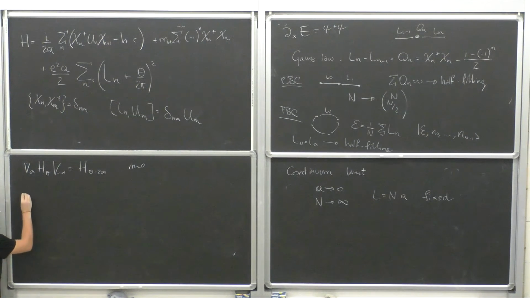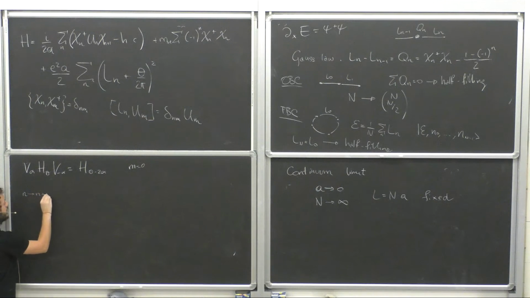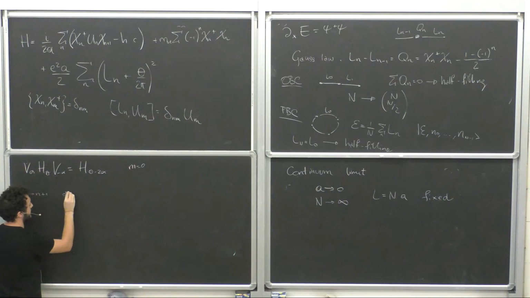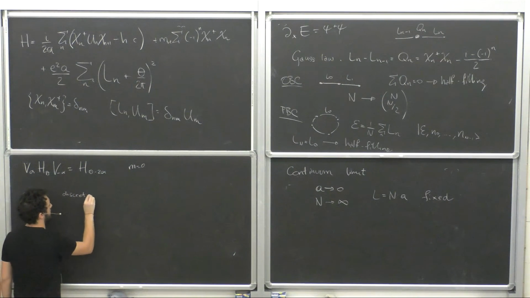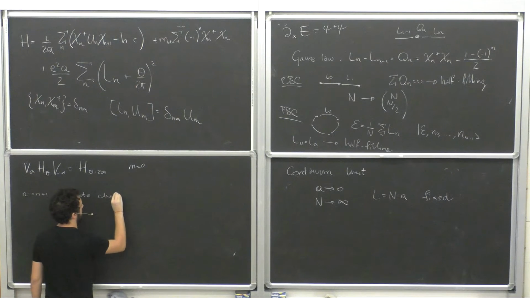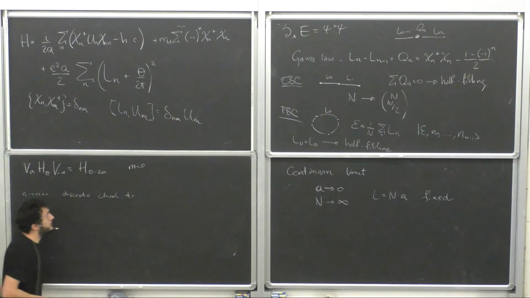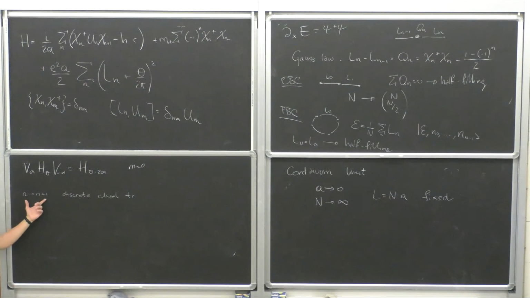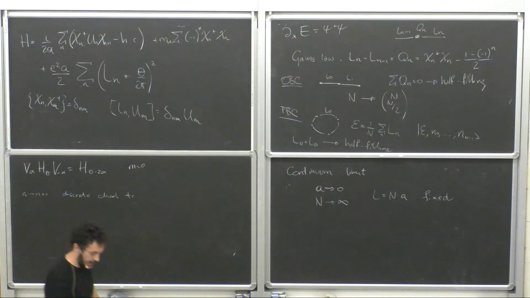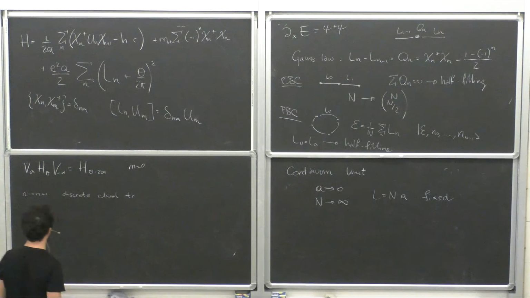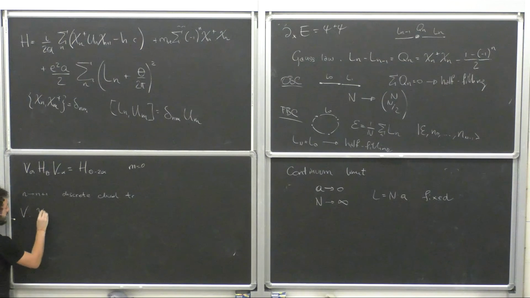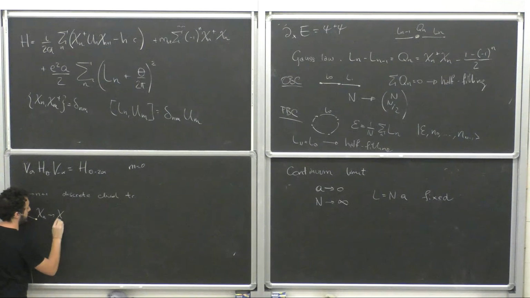And I told you that when we didn't have any gauge field, n going to n plus 1 looks like a discrete chiral transformation. So now let me do this same discrete chiral transformation now that I have a gauge field in the game. Let me consider the operator V that implements this. So it sends chi n to chi n plus 1.